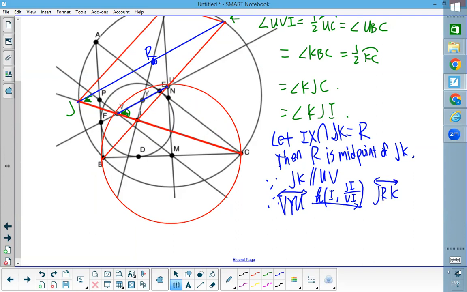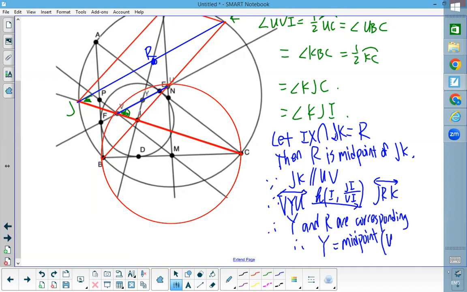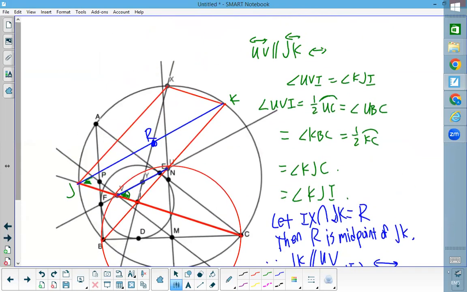Or you can just think about it as a scaling thing. So this tells us that Y and R are corresponding. Because we know R is the midpoint, Y must also be the midpoint of UV, and we're done. So that is how we prove this problem.